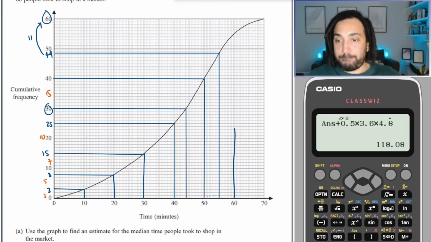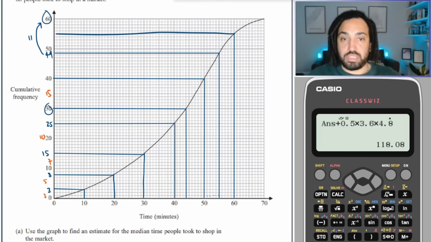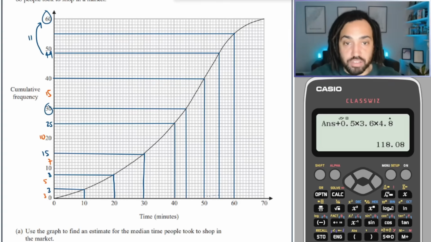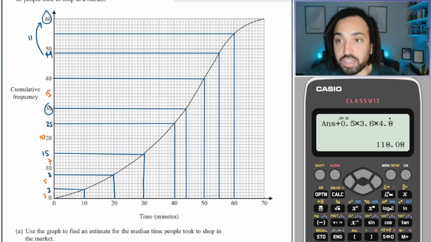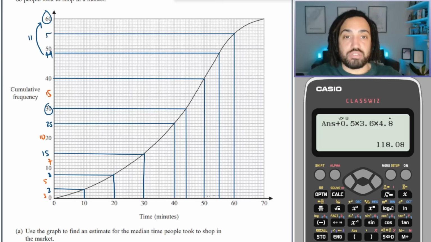60, at least they've done nice round numbers. That to me looks like 55. So from the last one, which was 40, that's a gap of 15 as well.